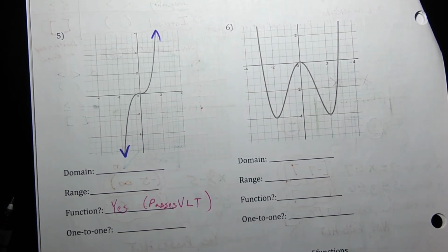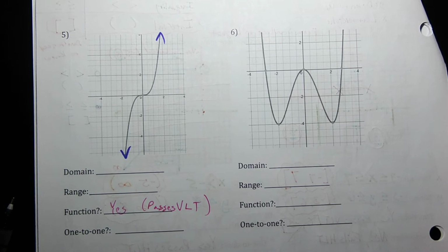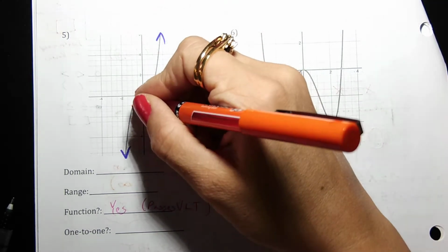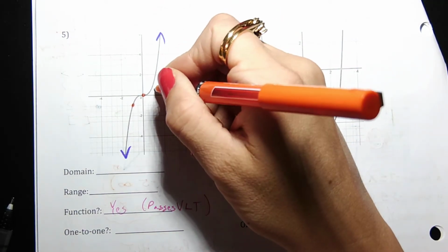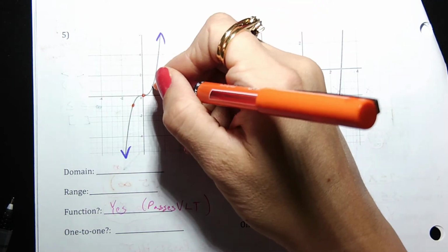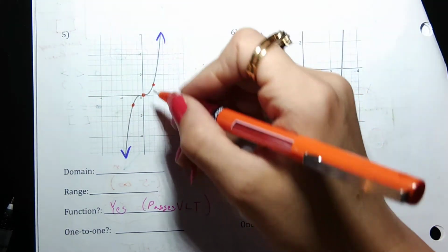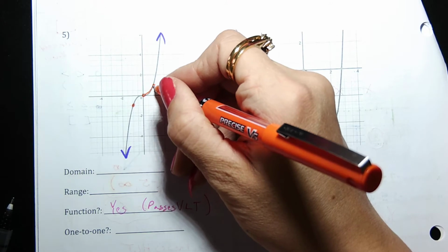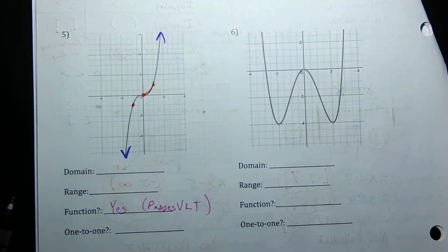Now, what about being a one-to-one function? Sometimes students get kind of sketched out by this stuff in here. It's like, are there multiple points occurring there? If we think of our parent table, -1, -1, 0, 0, 1, 1, somewhere in there, my graph is curving up through those points, just like a parabola curves up through those points.